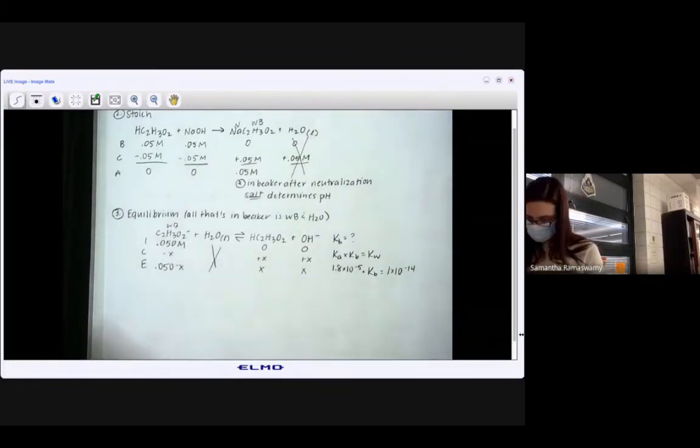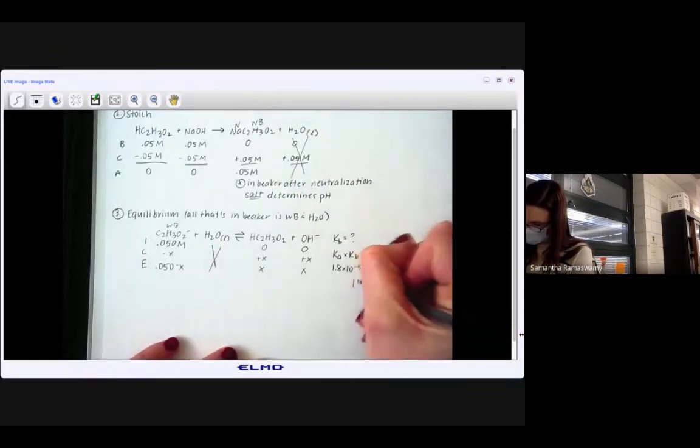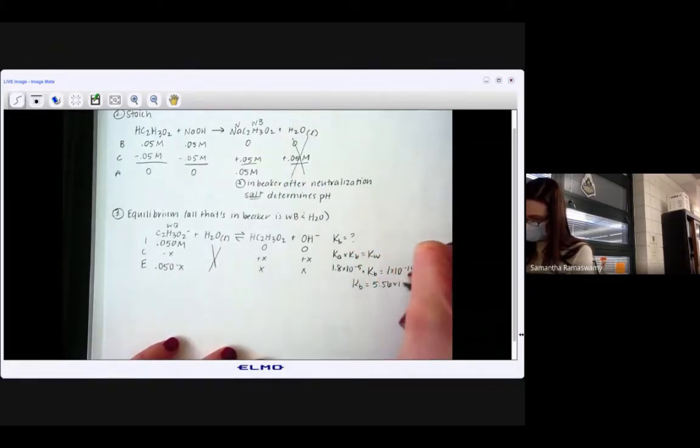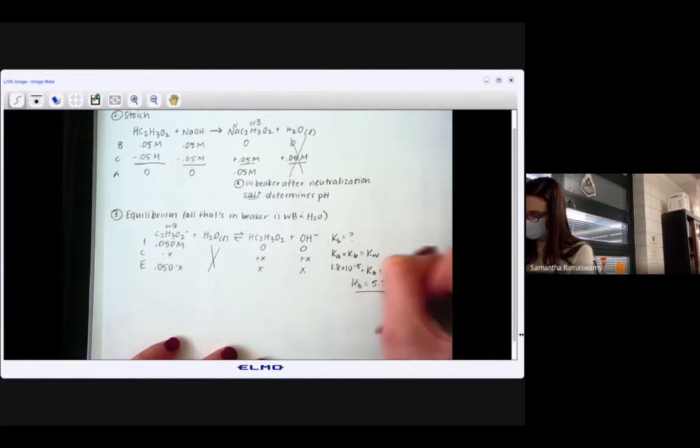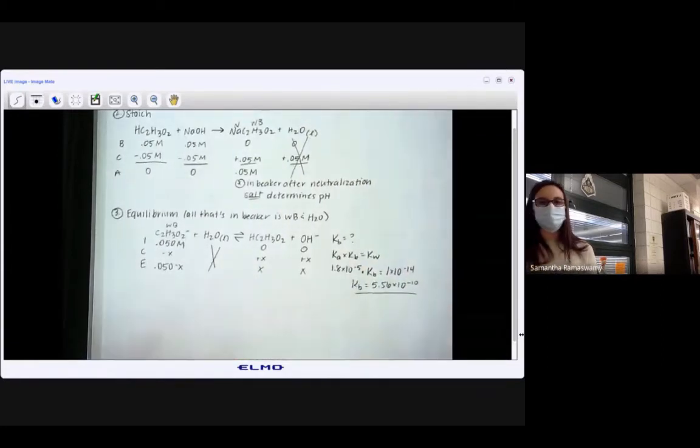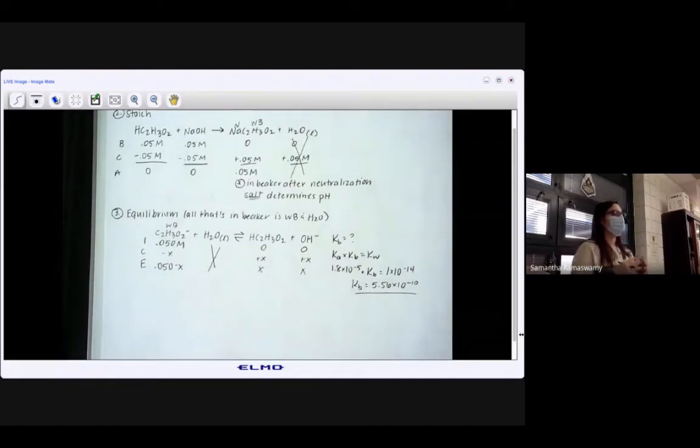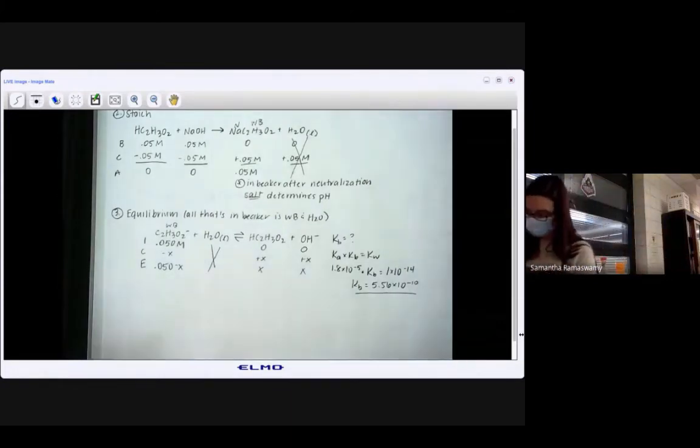So 1e negative 14 divided by 1.8e negative 5. Kb of acetate is 5.56 times 10 to the negative 10. I'm just going to underline it because that is our K value. In order to solve for the equilibrium row of this ice table, we need Kb.